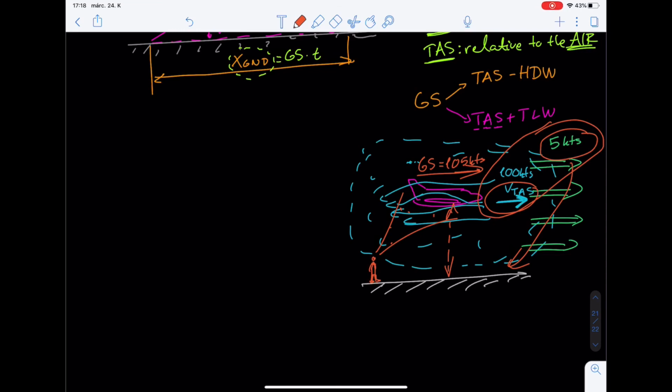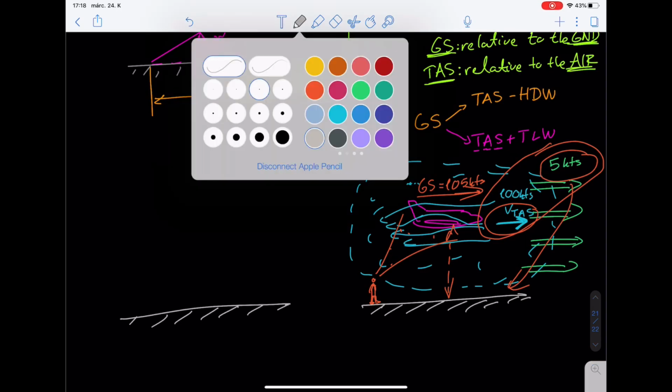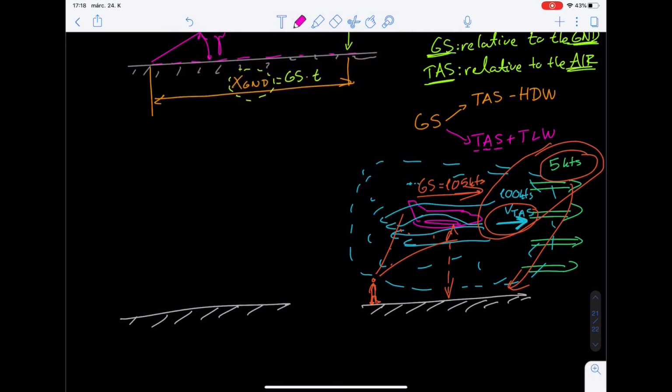And if it was the other way around, if I'm observing from the ground, and I have an airplane which travels, let's say it's a small aircraft. I'm just trying to make something up.